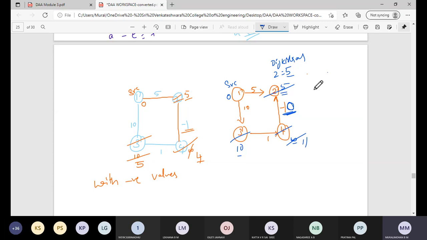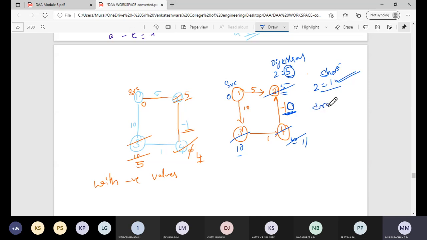So the value of 2 will be 1, but previously we selected this 2 with the distance of 5. Which is better, 1 or 5? If I update now, I will get the distance as 1 instead of 5, right? So 1 is shorter than 5. But since we selected vertex 2 before, we cannot update this.